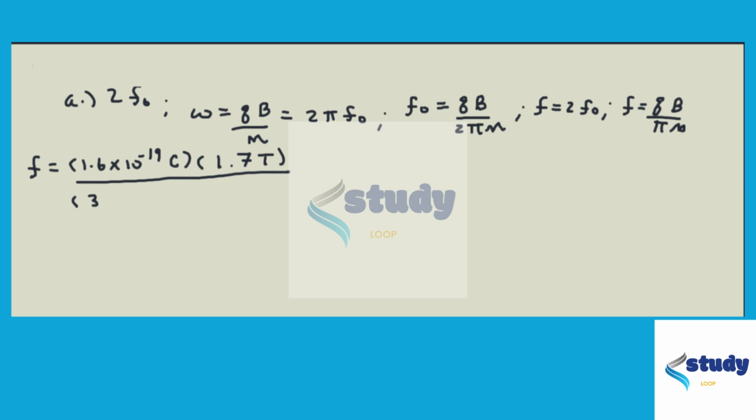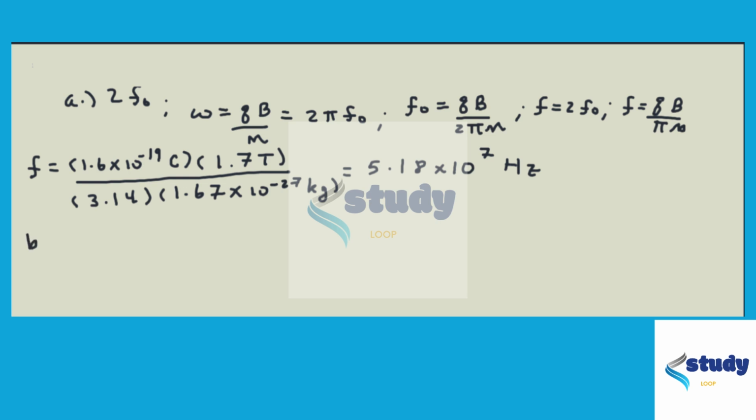You can plug it into your calculator and give a much more accurate result, times the mass, which is the mass of a proton, 1.67 times 10 to the minus 27 kilograms. And we get a value of 5.18 times 10 to the 7th hertz. Okay, so that's the first part.